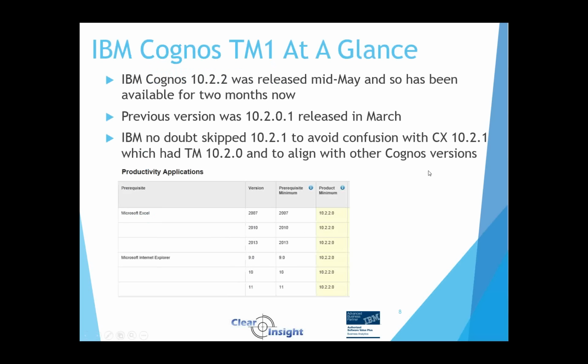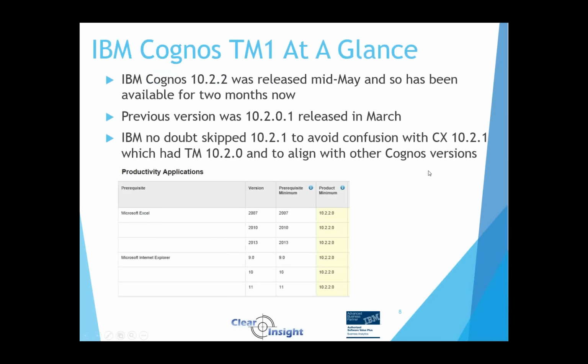So just before I turn it over to Bob, I thought I would give you just a little bit about Cognos TM1 at a glance. We're talking, of course, about the latest release of Cognos TM1 10.2.2. And this was released, some of you may not be aware, in mid-May.